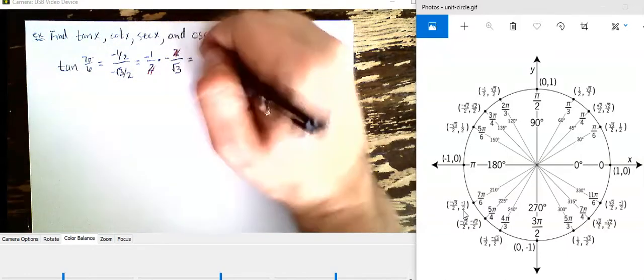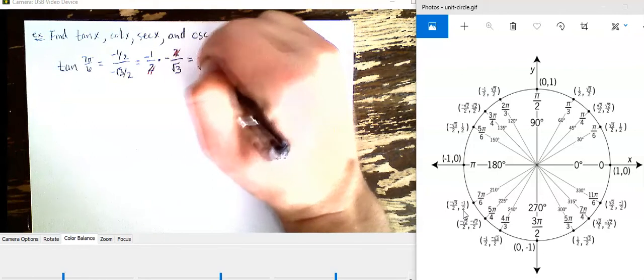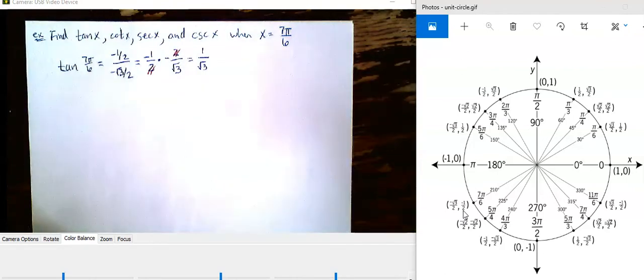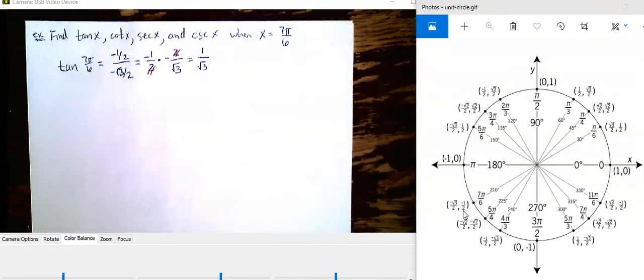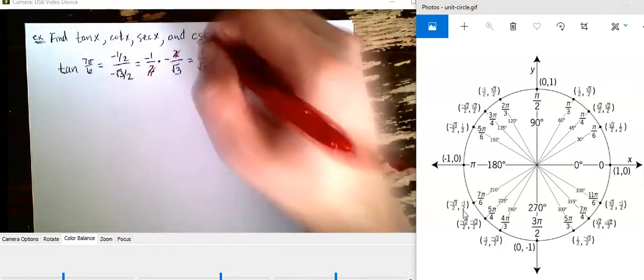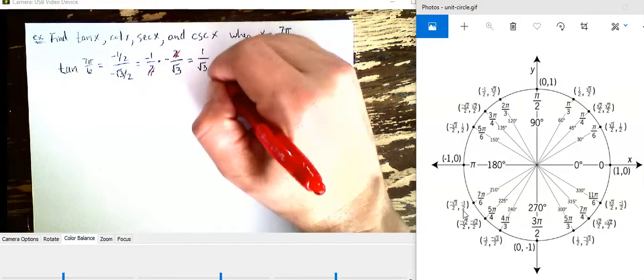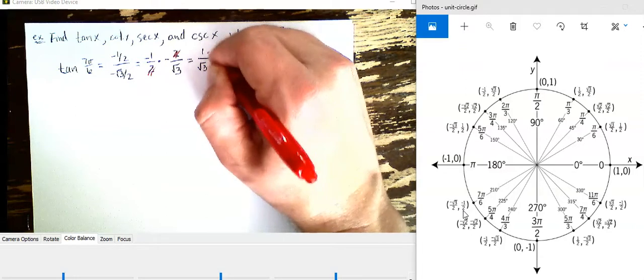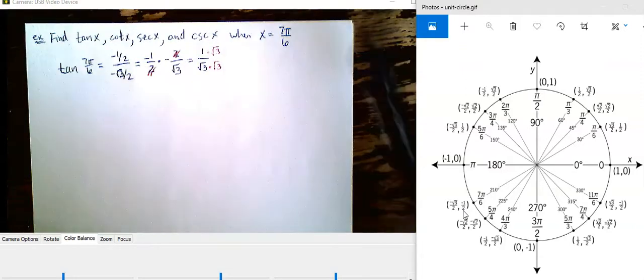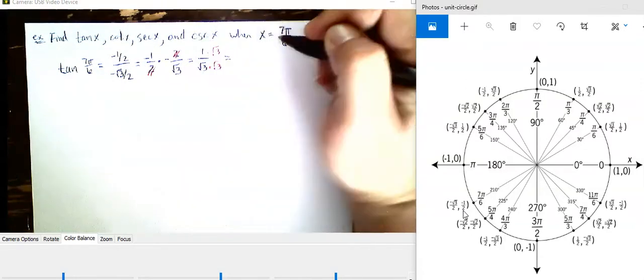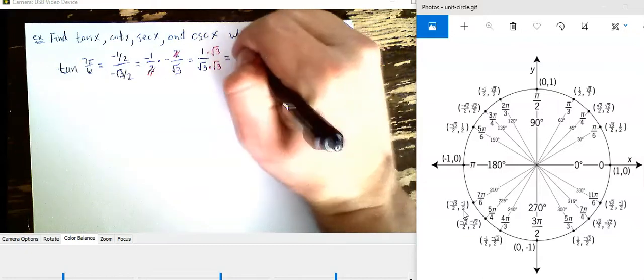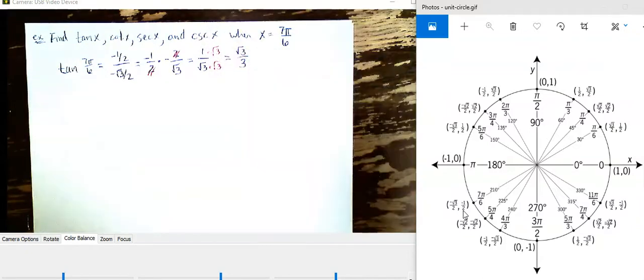So what we have is 1 over the square root of 3, which again we can rationalize. So if we multiply by that radical at the bottom, the square root of 3 times the square root of 3, the tangent at 7 pi over 6 is the square root of 3 over 3.